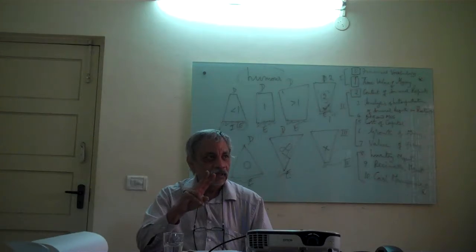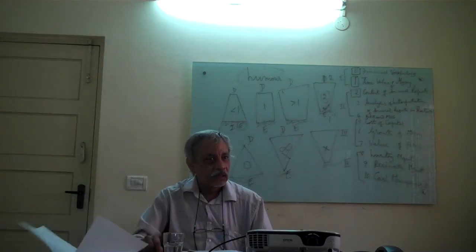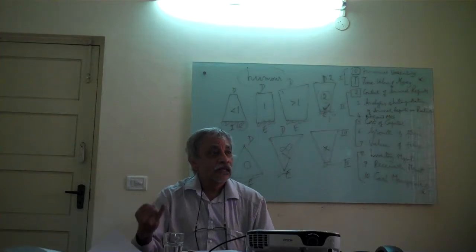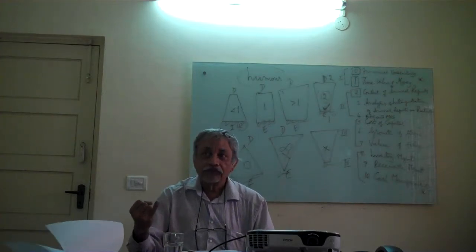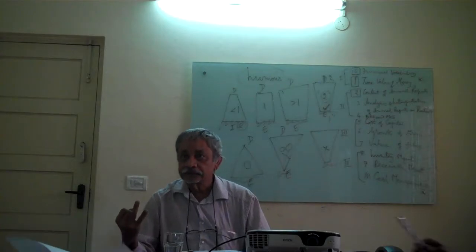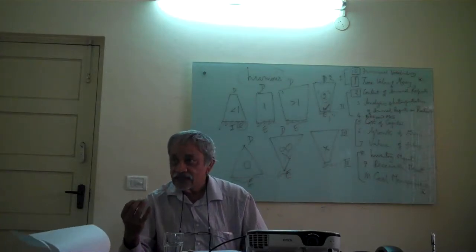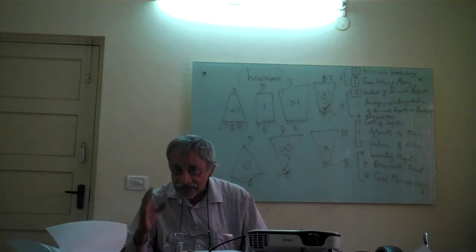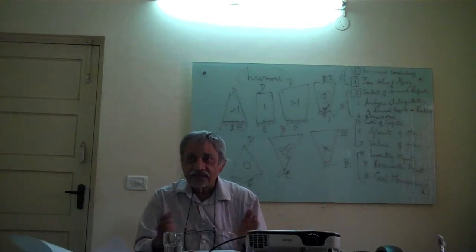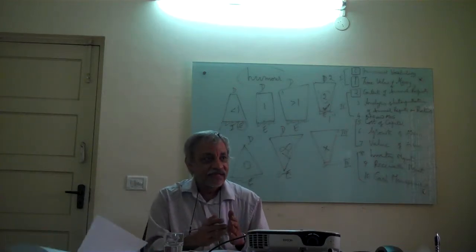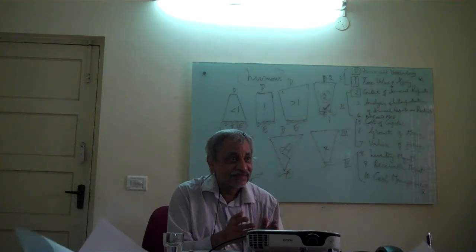There are 2 commercial laws. One is the Sale of Goods Act. Another is the Transfer of Property Act. Sale of Goods Act relates to movable assets, sale and purchase of movable assets.